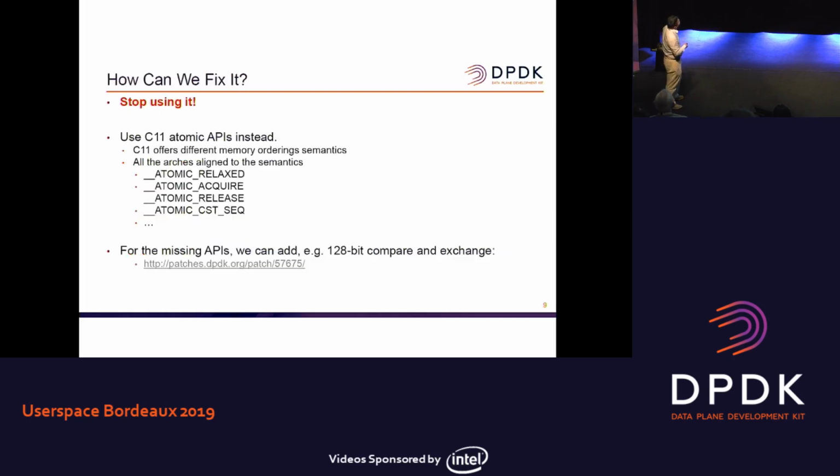So how can we fix this issue? We propose to stop using these RTE atomic APIs, since we already have C11 atomic built-ins. For new code, we can use these C11 atomic built-ins. They offer different memory ordering semantics like relaxed, acquire, release, and sequentially consistent, so you can freely select which ordering you want.